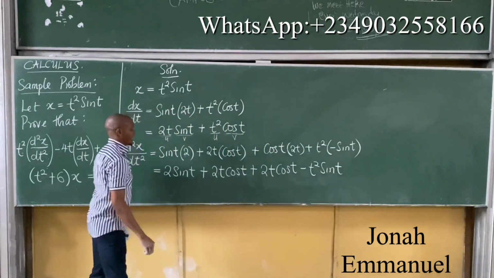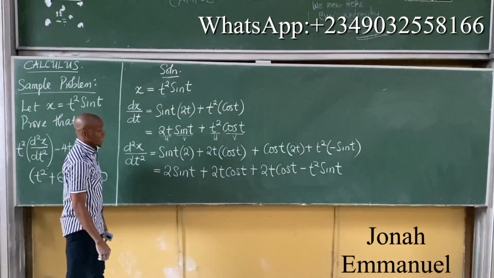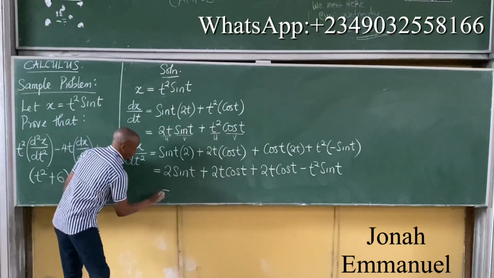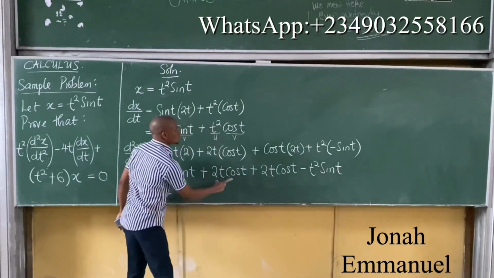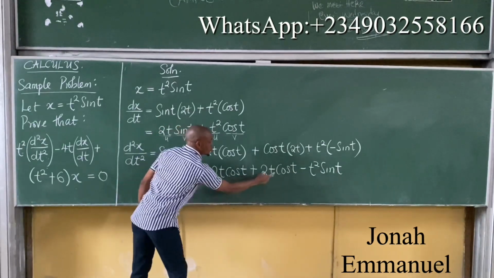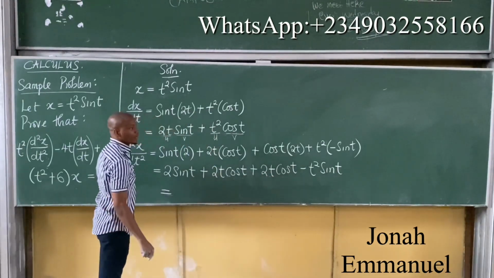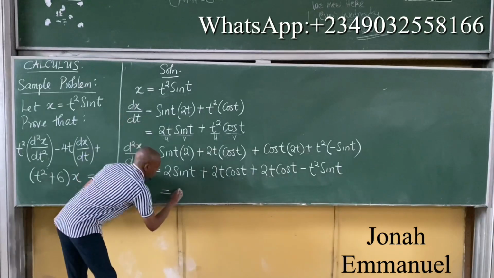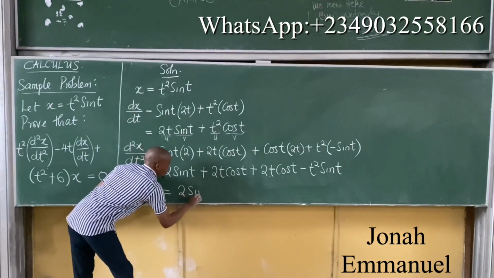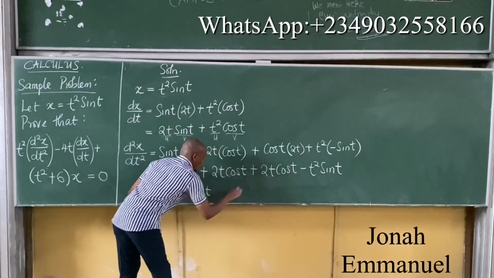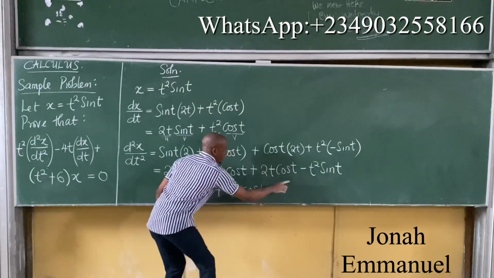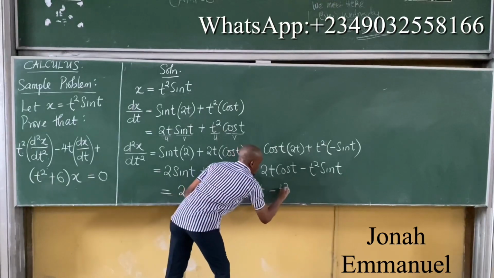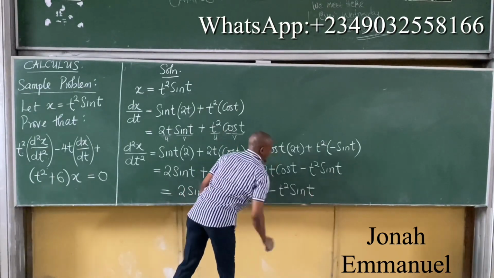Check out for like terms. Any like terms here? Yes: 2t cos t and 2t cos t. If 2t cos t adds 2t cos t, what do you get? 4t cos t. So it becomes 2 sine t plus 4t cos t minus t squared sine t.